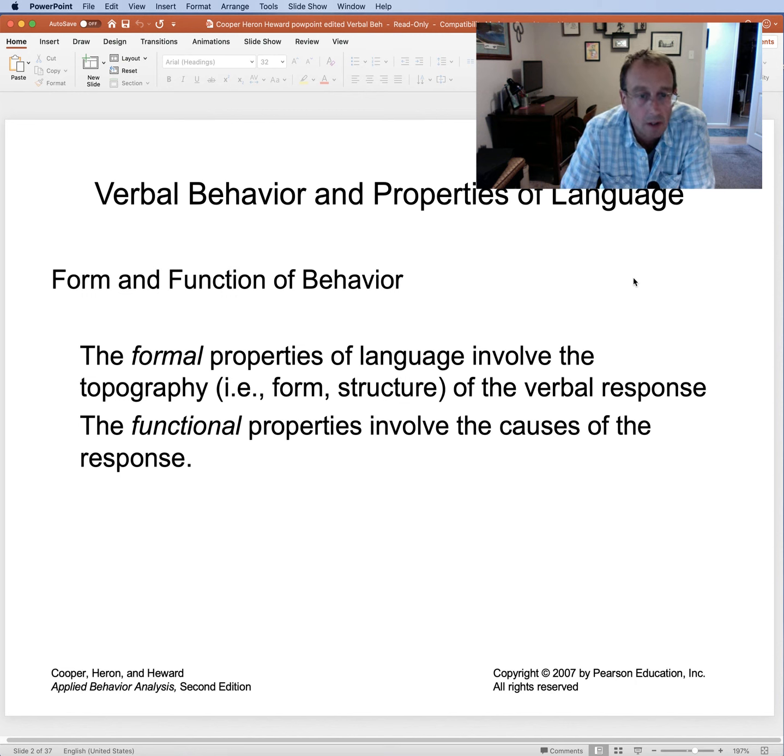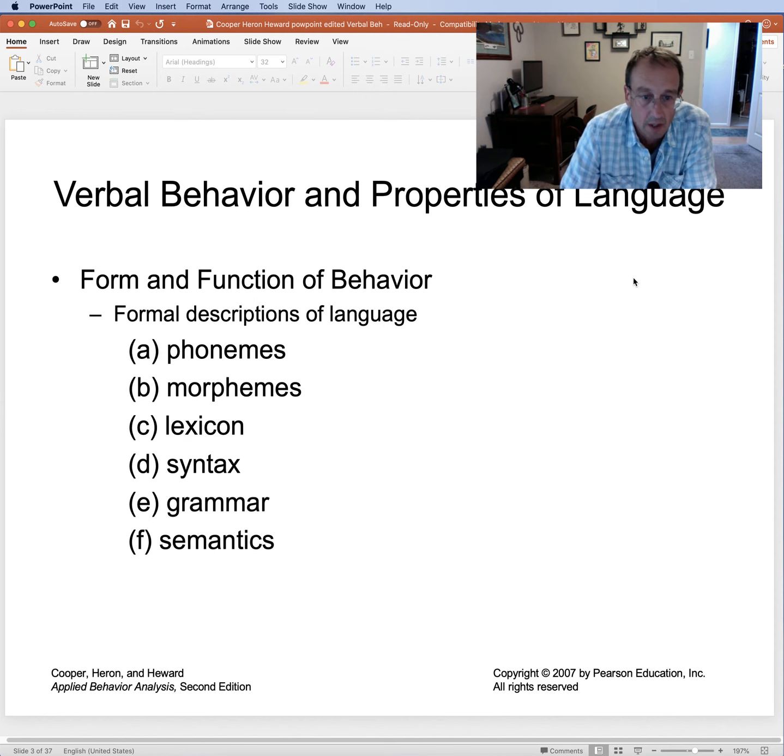Why? What's the payoff for engaging in saying certain words or writing certain words? What are the reinforcers that maintain those? So here's what most of you have been exposed to early on in school, right? I was never exposed to a behavior analytic conceptualization of language. But here's what you've been exposed to, right? Here's how we make different sounds to make different words.